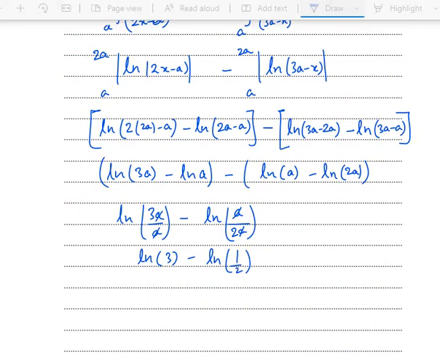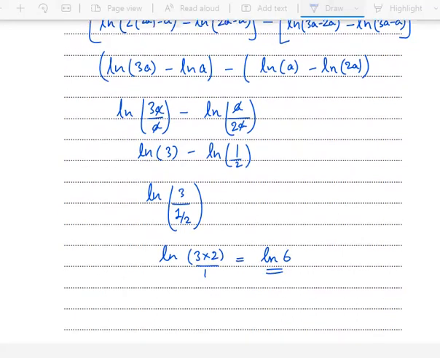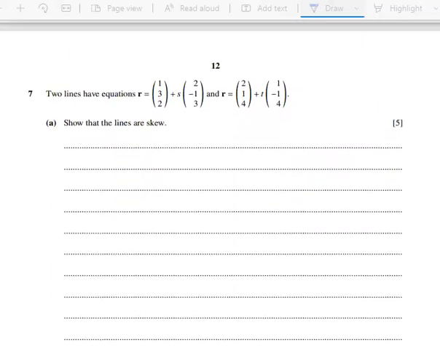So again, I can apply the property of log, ln a minus ln b, which is ln a divided by b. So this 2 will go up. So we finally have ln of 3 into 2 divided by 1, which is ln of 6. Hence proved. Moving on to the next question.